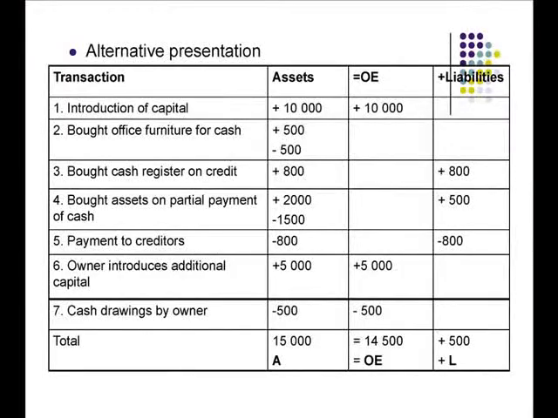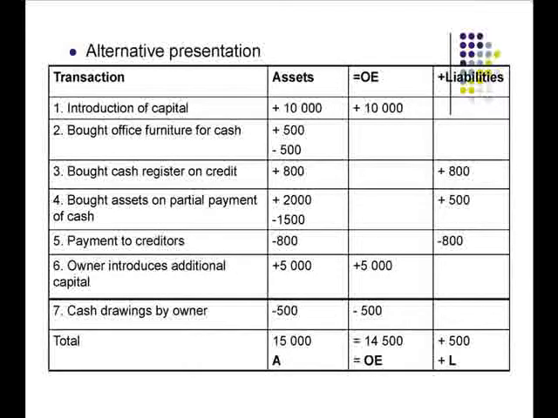So this can be presented in this format as well. So that means assets, owner's equity and liabilities, that is the accounting equation. So if you put it in this format, you can record all the transactions according to this format as well.